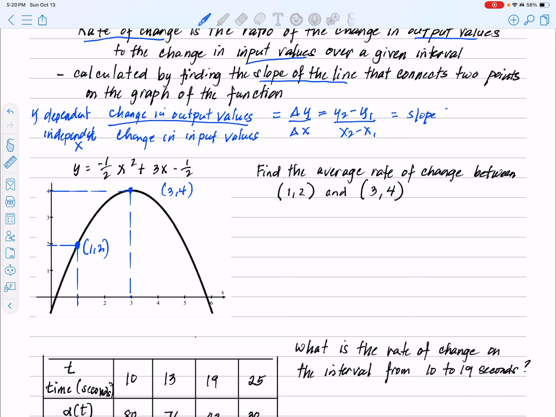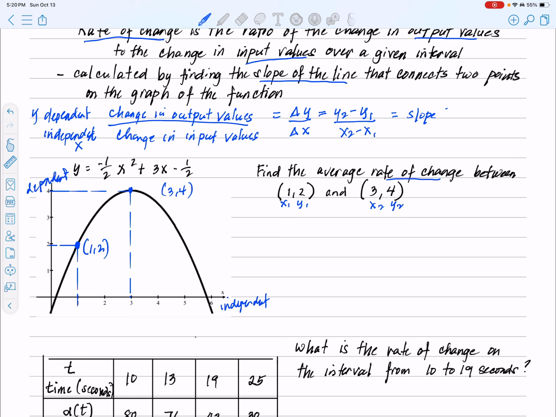And this is our dependent value, which is the y, and this is the independent, the x. Find the average rate of change. So usually when we do that, let's say this is our x1, y1, and this is x2, y sub 2.